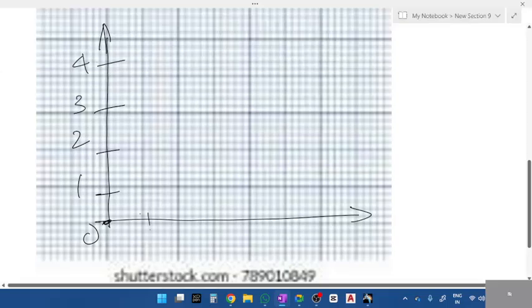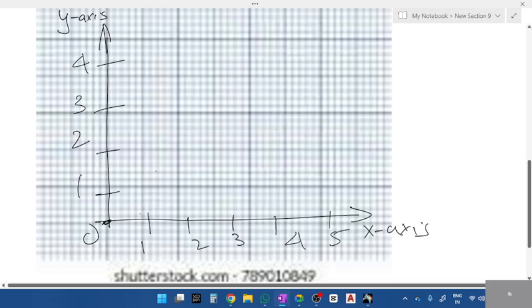In the same way, this is the y-axis. Just for representing distance, usually we take a graph sheet. To represent them we take x-axis and y-axis. Here 1, 2, 3, 4, 5.